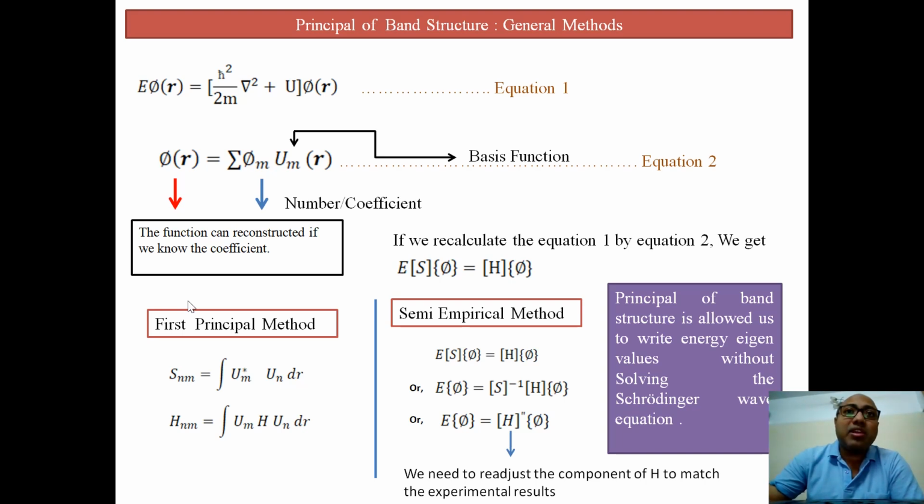Is there any easy method to solve this kind of expression, the Schrodinger equation? Yes, there is one easy method available, which is very handy. The main principle is to convert the matrix expression to an algebraic expression and try to get a general expression.